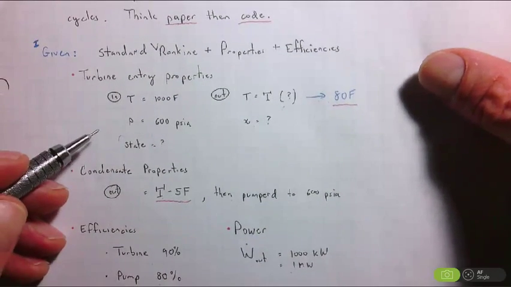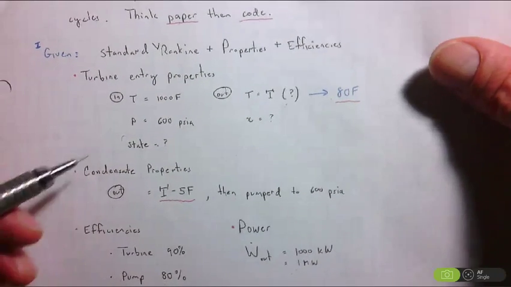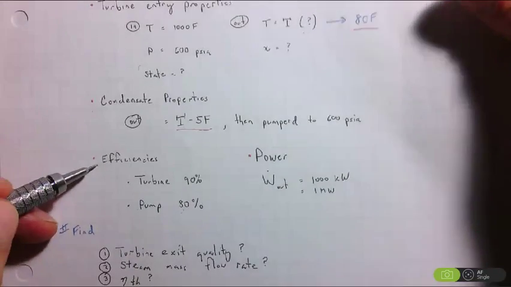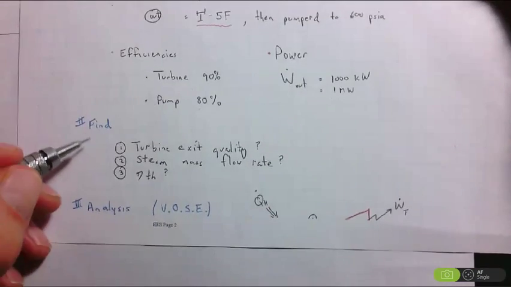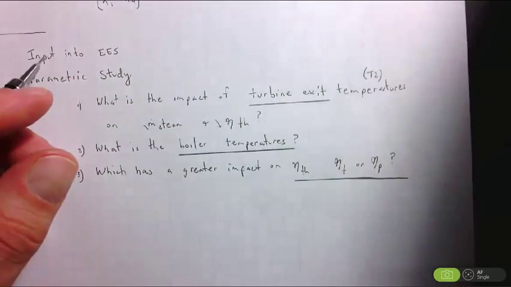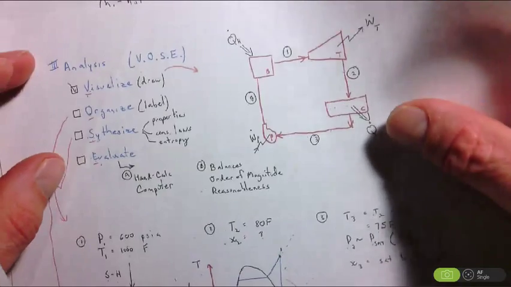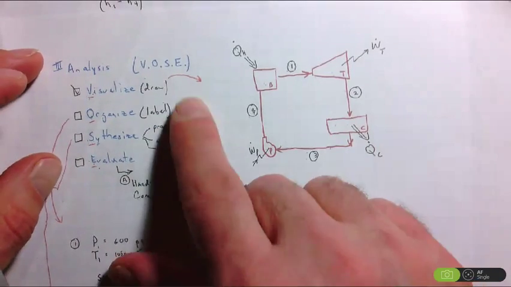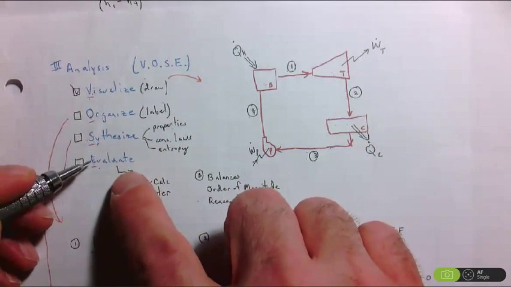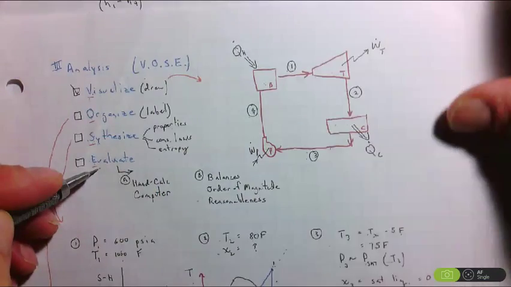So in review, we make careful note of what is given: turbine, condensate, efficiencies. We make careful note of what we're seeking to calculate. We apply a systematic approach based on this acronym of VOSE: visualizing, organizing, synthesizing, and finally evaluating.